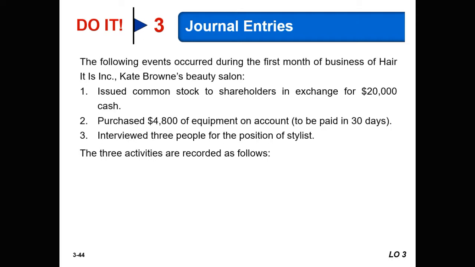Take a minute to read this information and familiarize yourself with it. You can hit pause so that way you can find the spot in your book, or you can jot down the details. And then we'll go ahead and do the general journal entries related to these transactions.